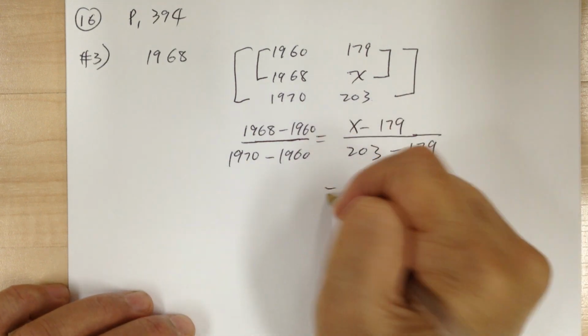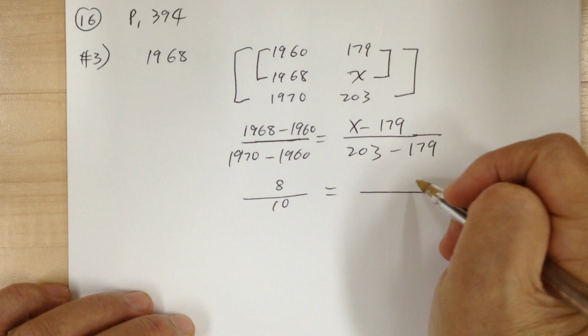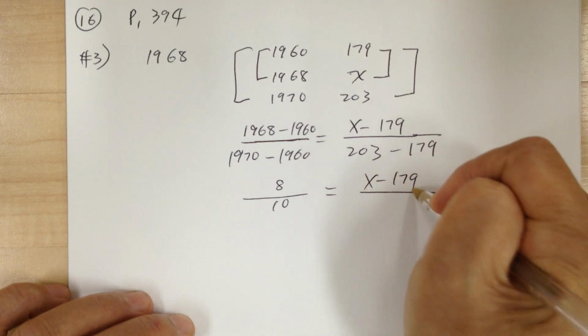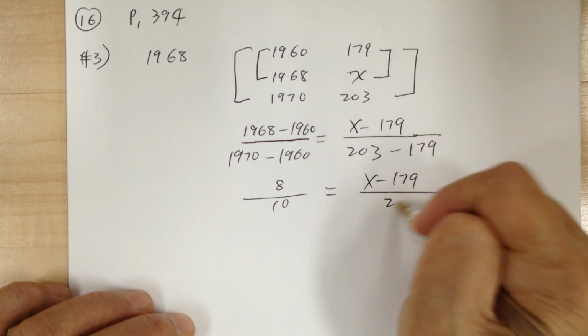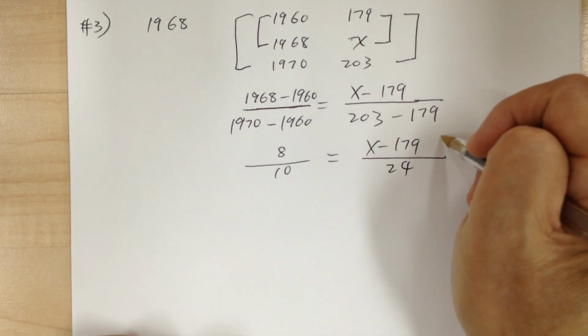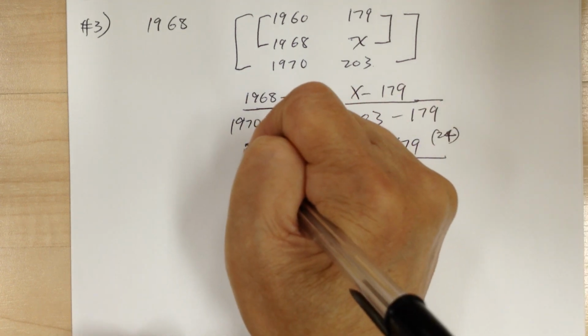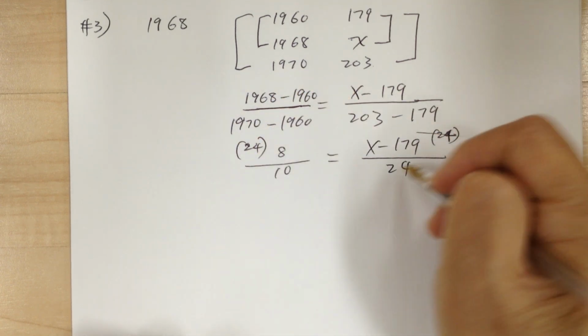Now let's simplify things. So I get 8 over 10 equals x minus 179 over 24. Let's get rid of the fraction, so multiply by 24 on both sides. This will cancel out.